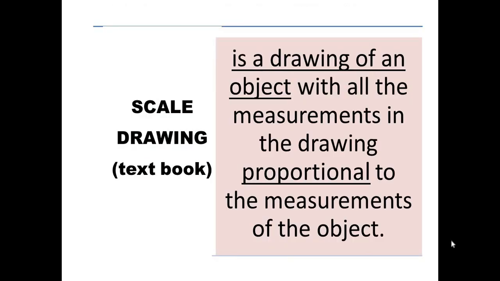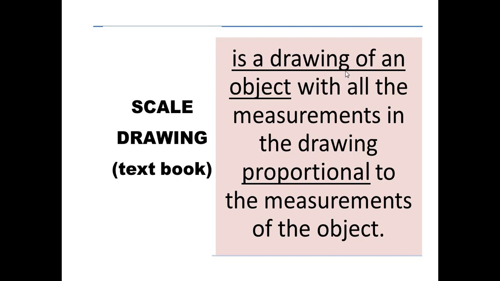Now let's go through what a scale drawing is. From the textbook, scale drawing is a drawing. Remember, it is a drawing of an object with all the measurements in the drawing proportional to the measurements of the object.